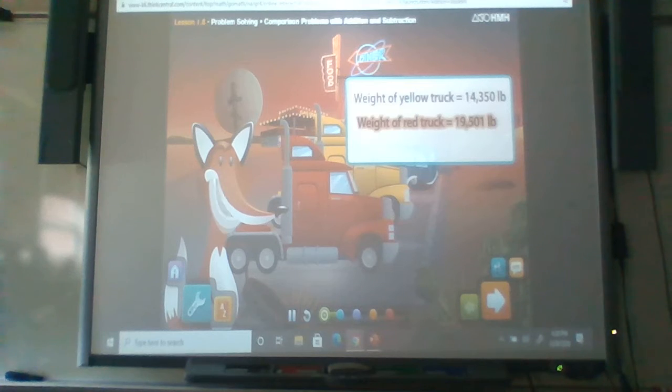The red truck is even heavier. It weighs 19,501 pounds. You know, I think to compare these two weights, we should subtract the weight of the yellow truck from the weight of the red truck. Let's go see how to use diagrams to solve comparison problems like this one with addition and subtraction. It's a great way to go.